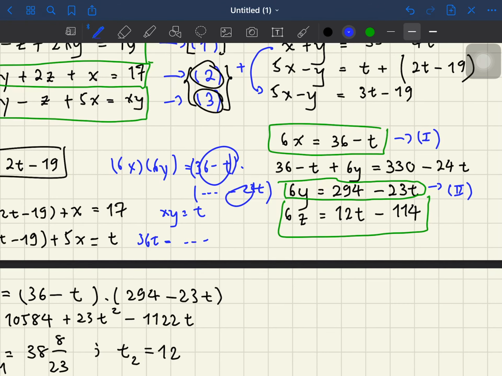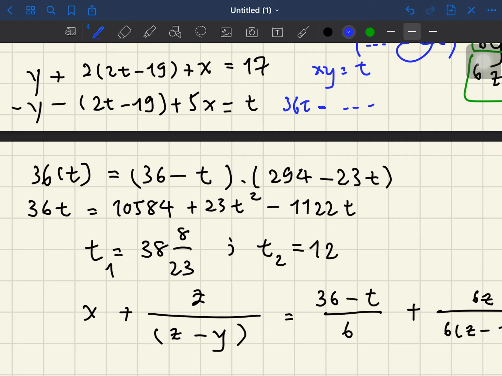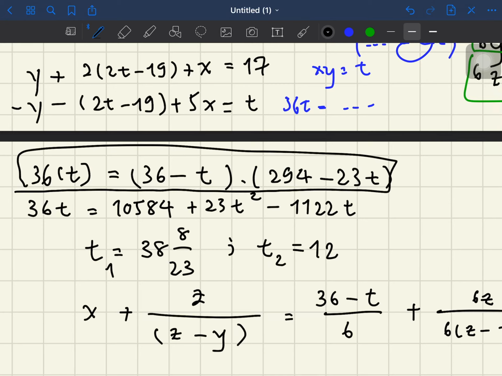So I've shown you very clearly here, and you realize a very surprising answer, which is you can actually just solve for t in order to get the values of x, y, and z.